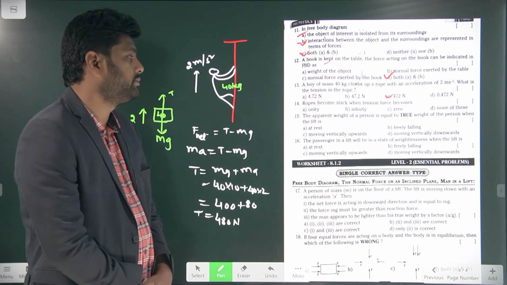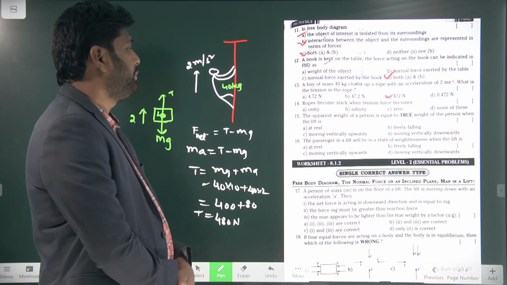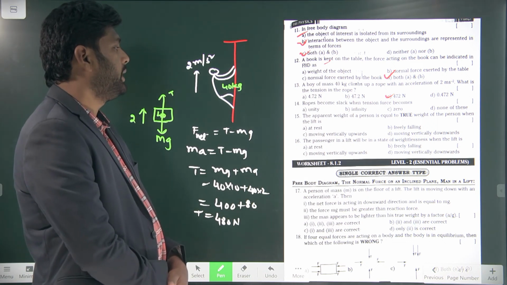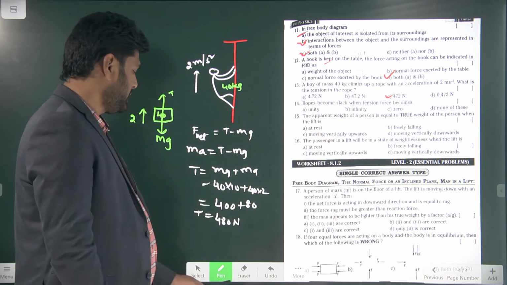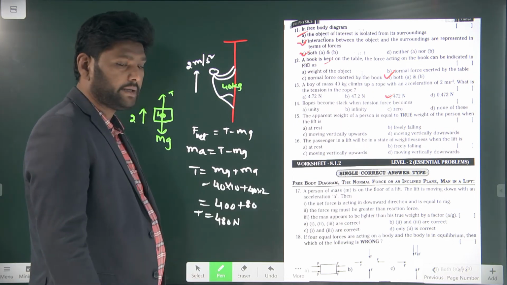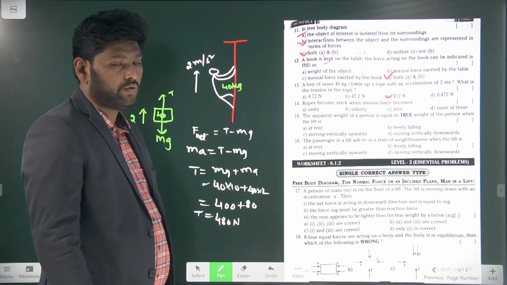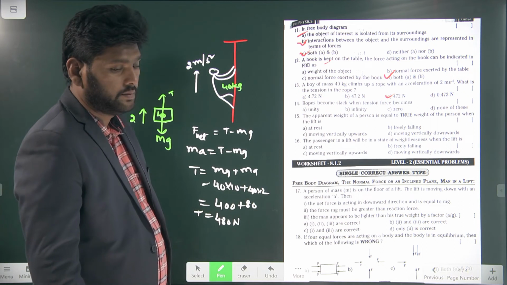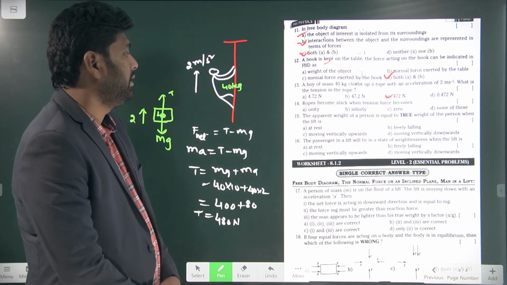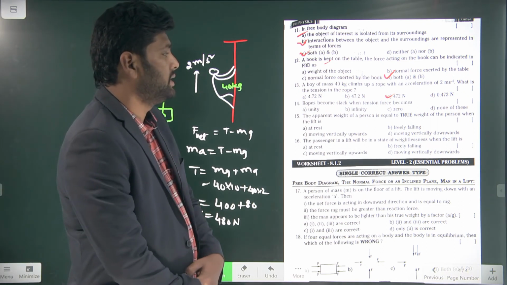Next one. Ropes become slack when the tension force becomes. How much is the tension force if the rope becomes slack? Unity, infinity, 0, none of these. Which one is correct?